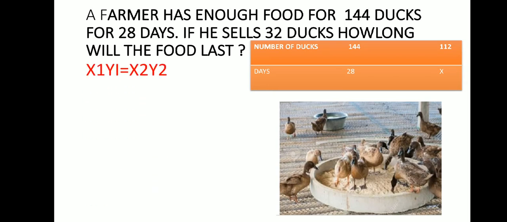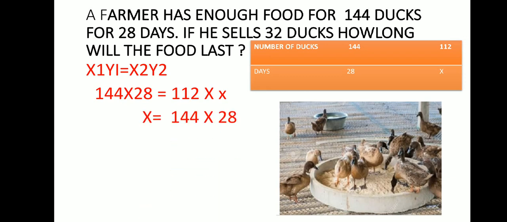The number of days the food lasts is 28 days. X1 is equal to 144, Y1 equal to 28, X2 is equal to 112. So 144 into 28 equals 112 into x. X is equal to 144 into 28 divided by 112. X is equal to 36 days.